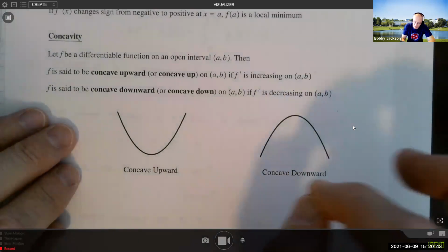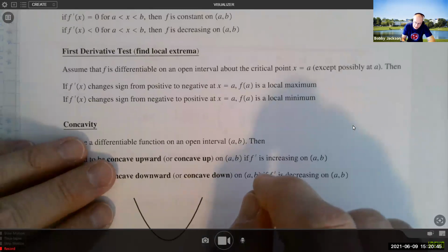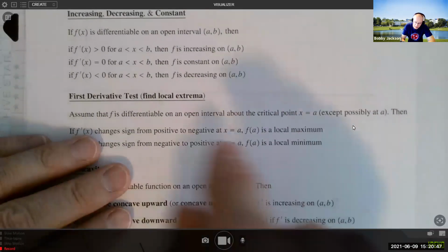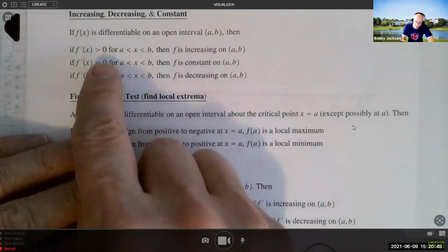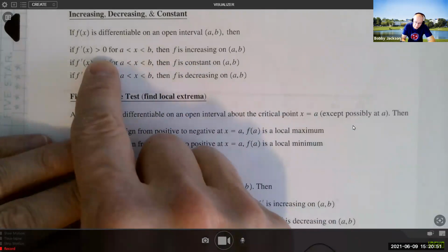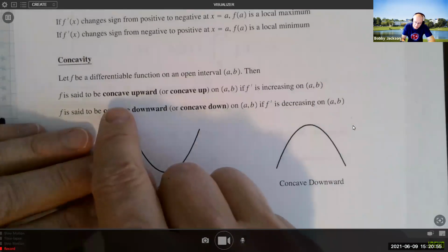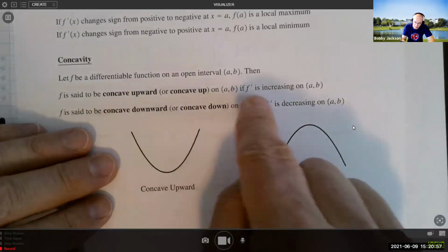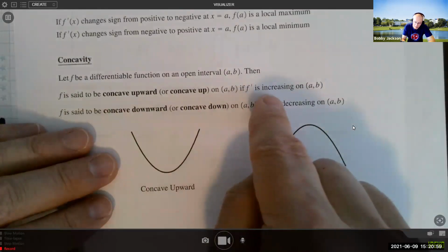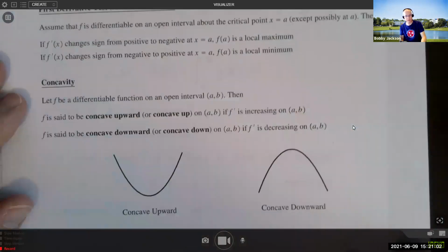They're not the same thing, although we do have a relationship: a function is increasing when its derivative is positive, and a function is concave up when its derivative is increasing. So you've got to have these relationships down from Calculus 1 to be able to answer this question.